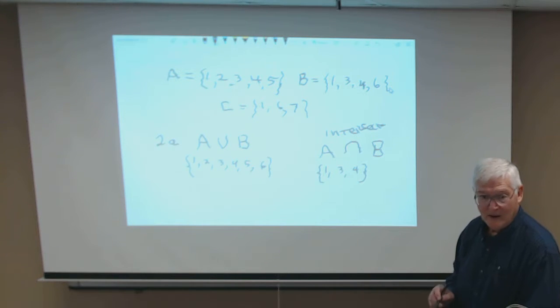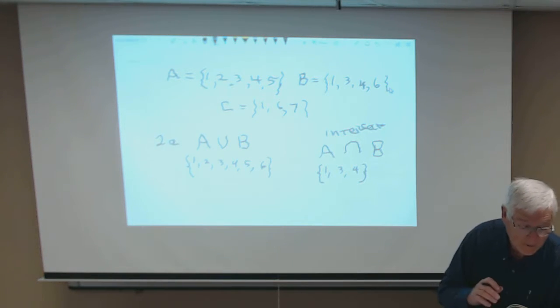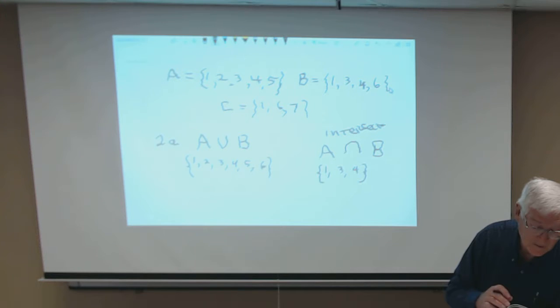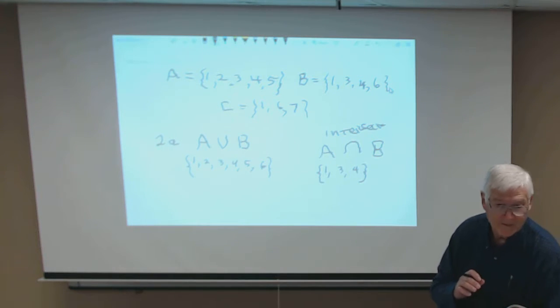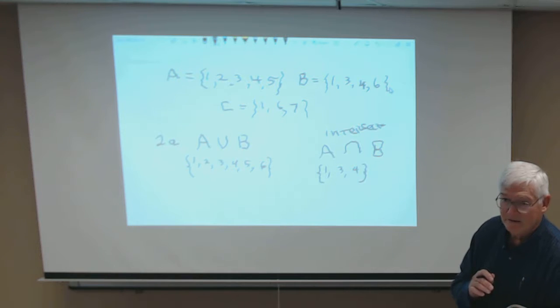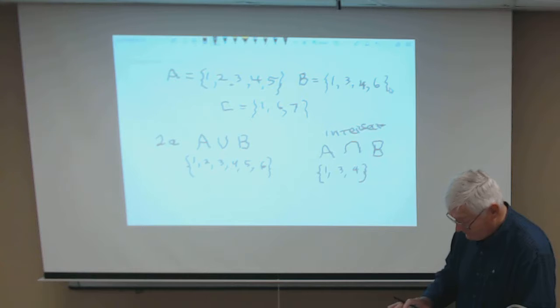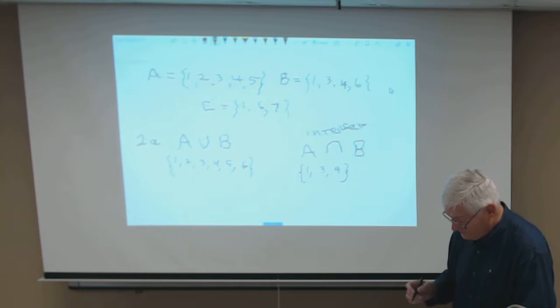Everybody follow that? Union means you put them together. Intersection means you find the elements they have in common. By the way, in your reading, union is on page 65 and intersection is on page 64. If you want to go back and look at it and read it while we're talking about it to help make sense out of it. Any questions? Let's do 2B.